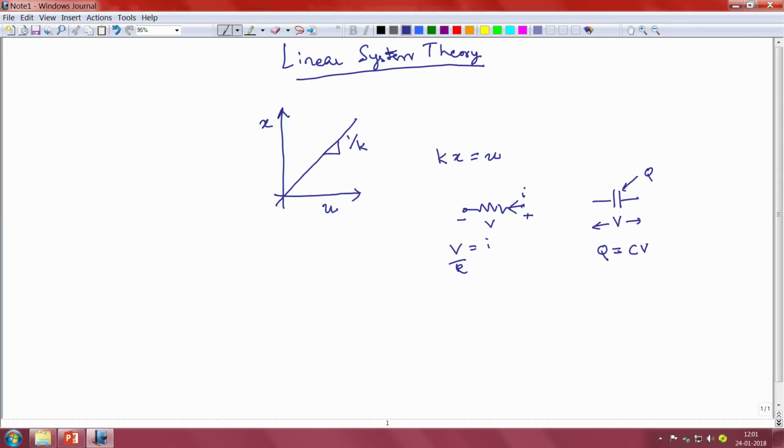So, yes, there are examples of physical systems where the input and the output are related by a simple proportionality constant, but the set of examples is quite small.